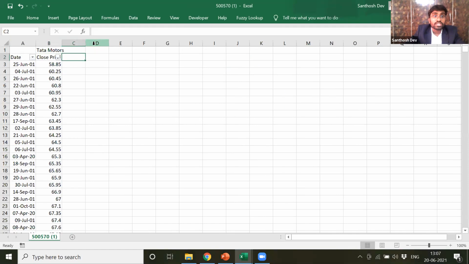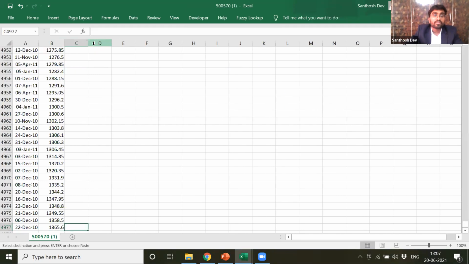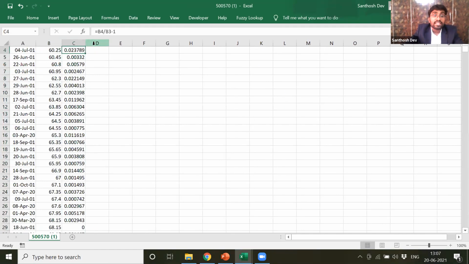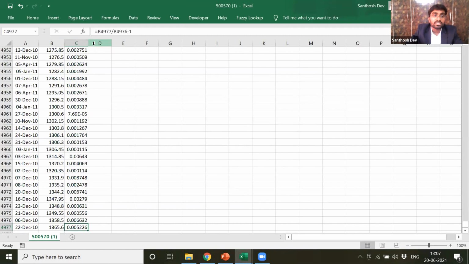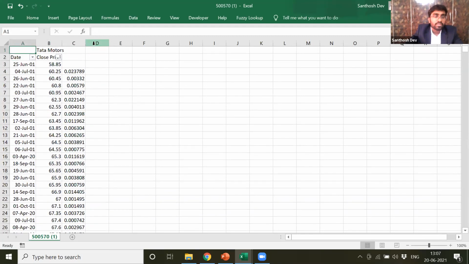What I try to do is find out what is the return from this particular stock. So these are the daily returns from Tata Motors. Okay, so there is some problem with the numbers. Sir, when you sorted it, it became wrong.